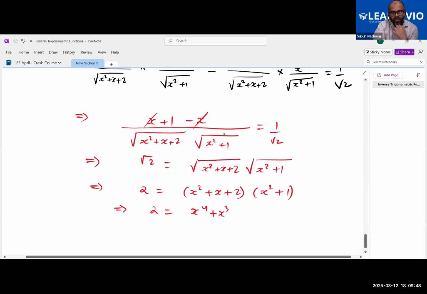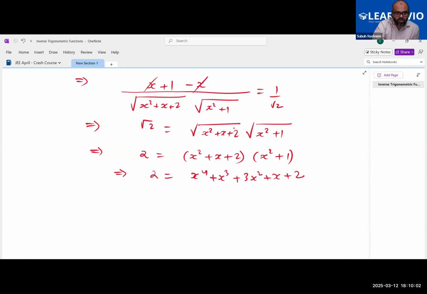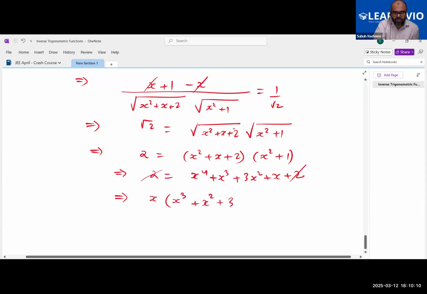So x cube will be there, and x square will be there, and 2x square will be there. 2x square plus x square will become 3x square, and then there will be x, and then there will be 2. So this is what we are getting here. This 2 and this 2 cancel. We take x common, so it will become x cube plus x square plus 3x plus 1 equal to 0.